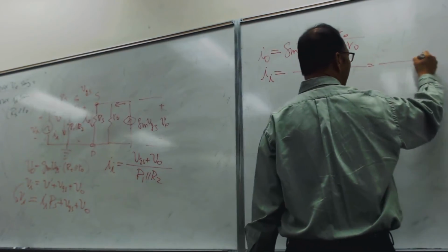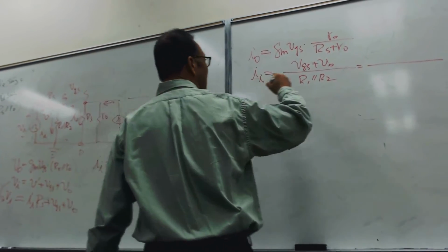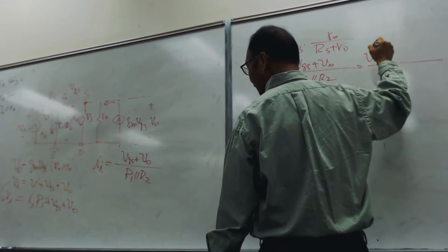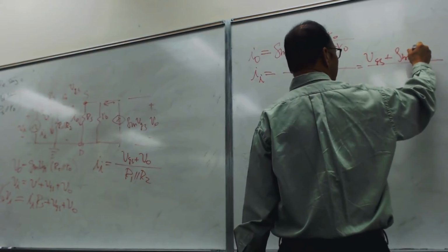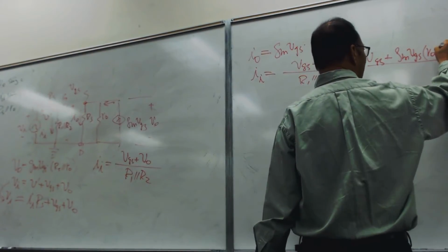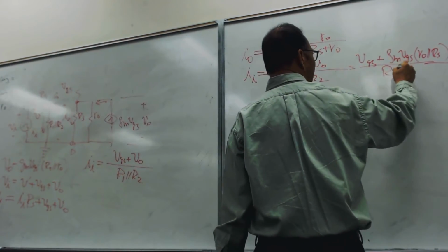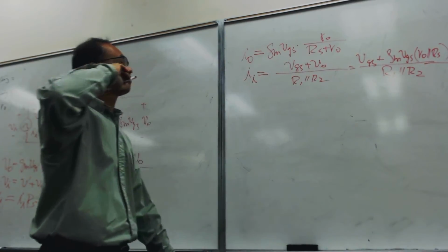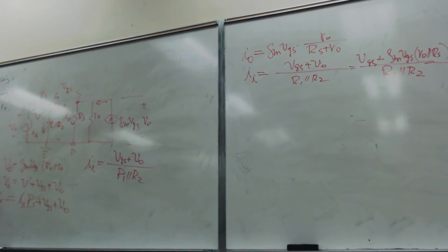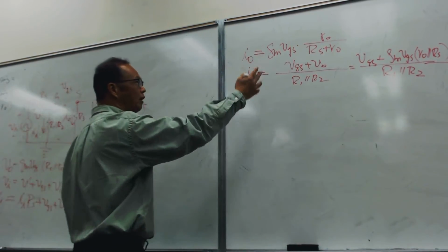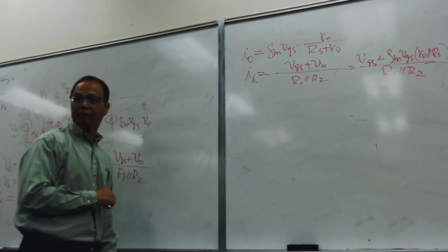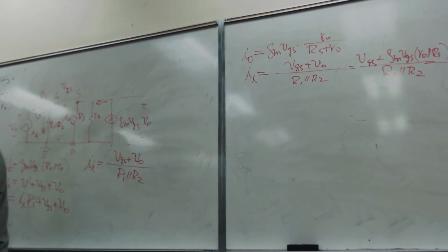And V sub O is here, so it's VGS plus gm VGS R sub O in parallel with R sub S, divided by R1 in parallel with R2. Now I'm done. Why? Both equations are a function of VGS, so you can derive the expression of A sub I.